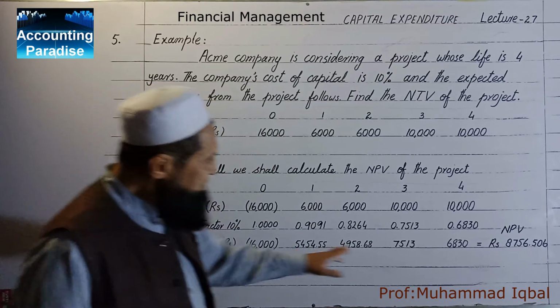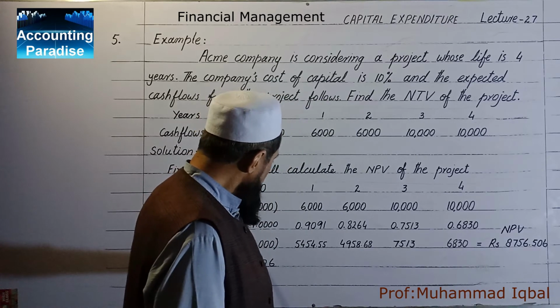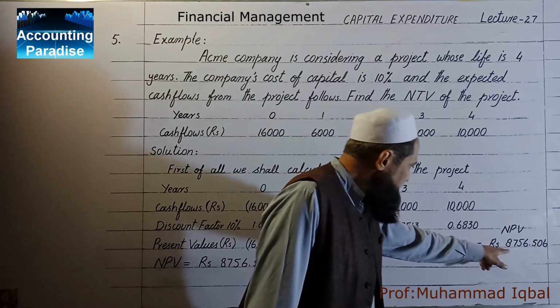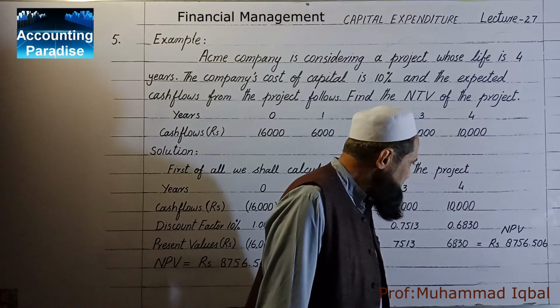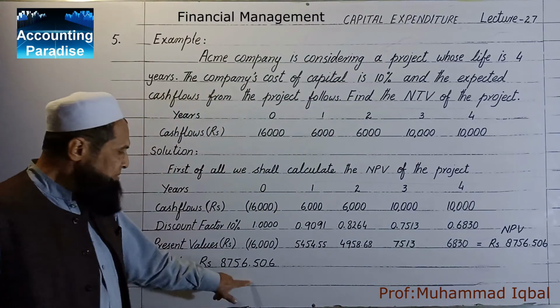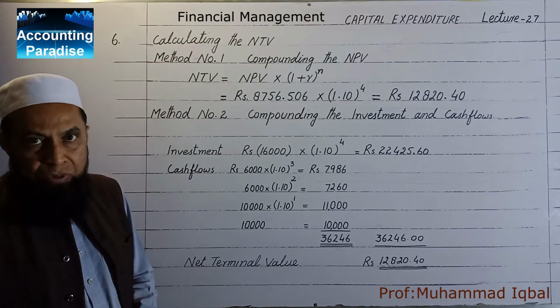For the net present value, the cash outflow is deducted from the total of cash inflows. It comes to 8,756.506 net present value.